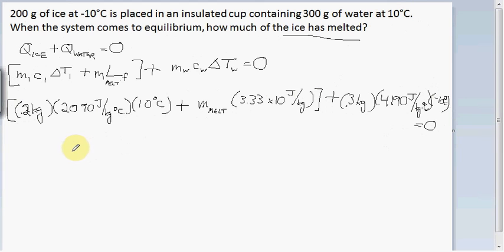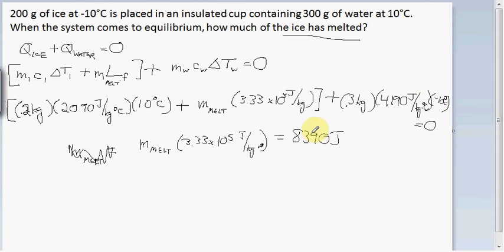We get m melt times 3.33 times 10 to the 5th joules per kilogram is equal to, and all this other stuff ends up coming out to about 8,390 joules, which gives us m melt equals about 0.025 kilograms, or in other words, about 25 grams.